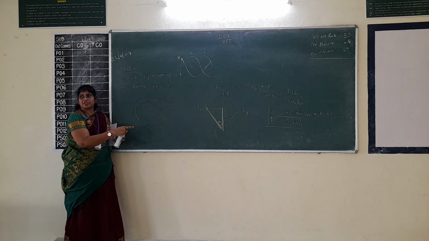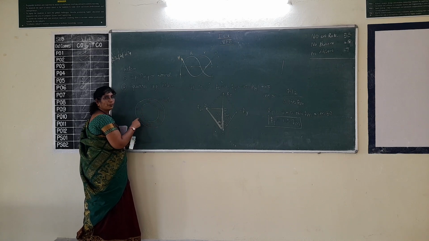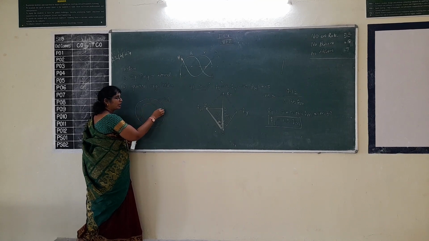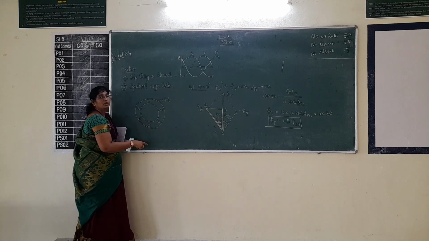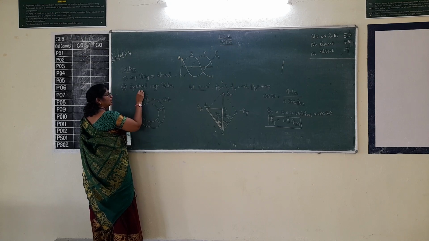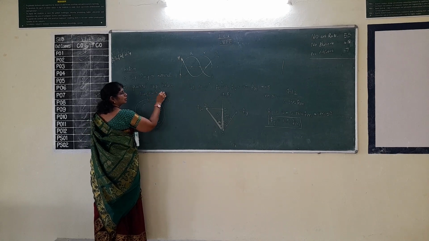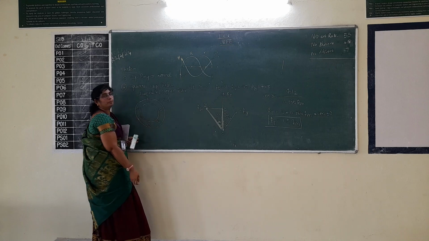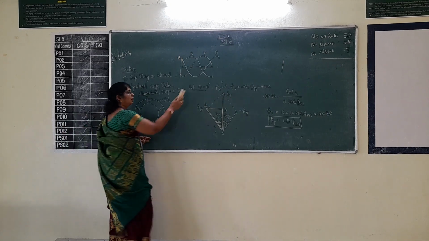Rotor will be cylindrical in shape. In your cylindrical shape, you will be having openings called slots. Over these slots we will be placing your conductor. For conductor, what are we using? This conductor will be made up of aluminum or copper bar. So this is your front view of squirrel cage induction rotor.